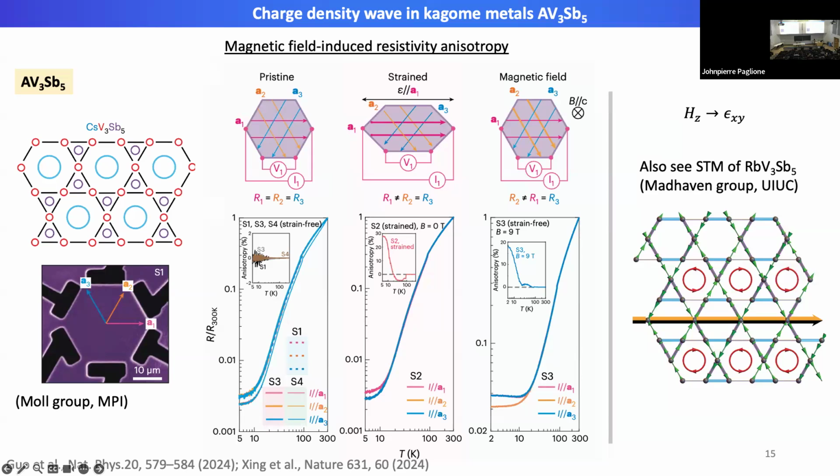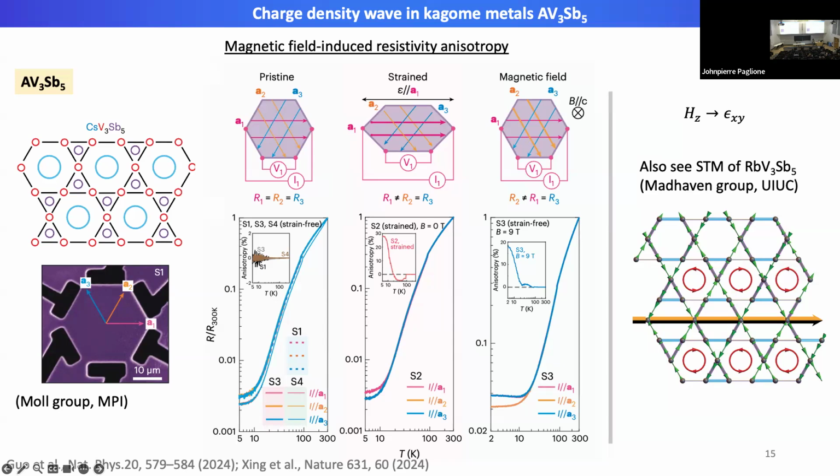So for this experiment I've shown you on the left of the slides, from the group of Philip Moll at Max Planck, you can see that this is a very carefully fabricated device where you're able to measure the resistivity along the three different directions in the hexagonal lattice, right? Without any broken symmetry, these three directions should be equivalent.